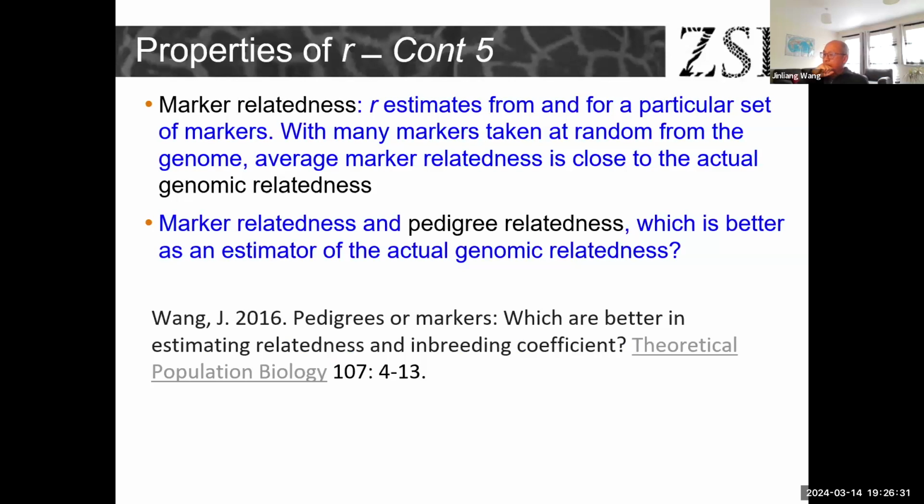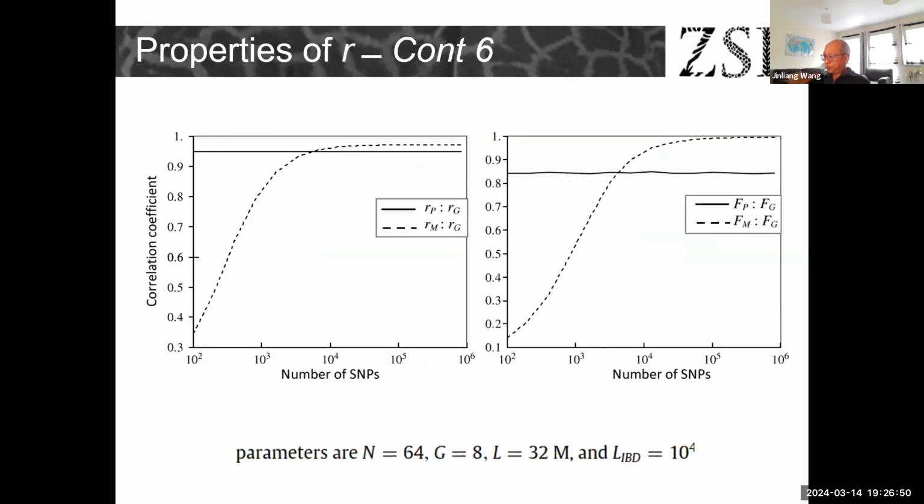I did a study some years ago, published in Theoretical Population Biology, doing simulations to compare the accuracy of pedigree-based and marker-based estimation of genomic relatedness. And the conclusion is, when you have few loci, pedigrees give you better estimation. But if you have many markers, markers tend to give you better estimates.